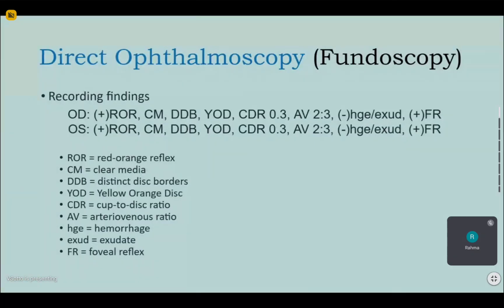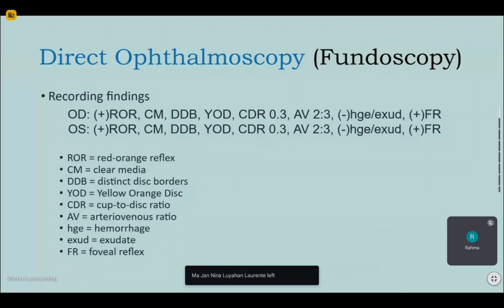You have to record the color of your disc, the cup to disc ratio, the AV ratio or the arteriovenous ratio, the presence of exudates and hemorrhage, or the foveal reflex. Is it good or positive, or dull? I can't appreciate the foveal reflex.